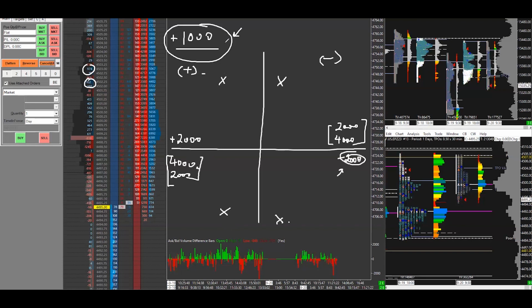On the negative side, if price is above this very large negative delta, what happens in this region that pushes price above, and what happens when price pulls back into it? What had happened in this region is that a lot of traders were selling into this low. They were selling into this low, they were selling into this low, but to no avail would price push down, and some buyers took advantage of that and bought back up, pressing prices higher.